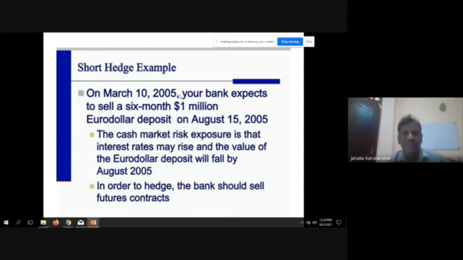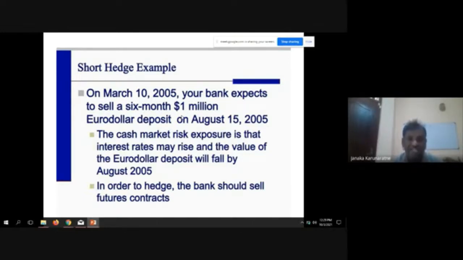So this is an example on March 10, 2005. Your bank expects to sell a 6 months 1 million euro dollar deposit. Okay, so you want to sell on August 15, 2005.